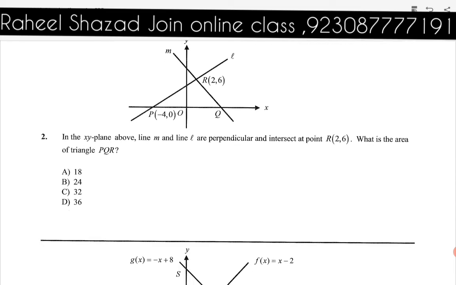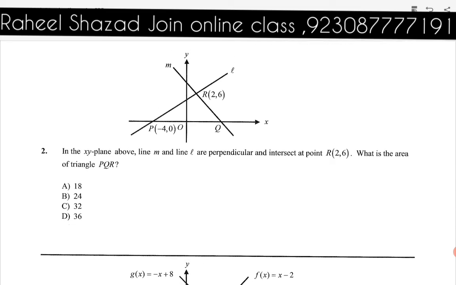Okay, now here's another question, and it says that in the xy plane above, lines M and L are perpendicular. Okay, wait a minute. We know that if two lines are parallel, they have the same gradient, so M1 is equal to M2 if lines are parallel, right?